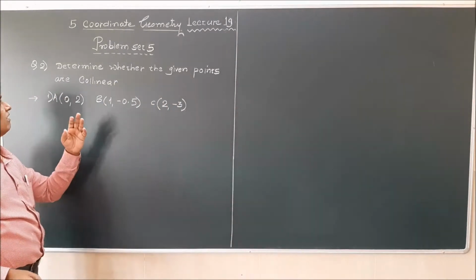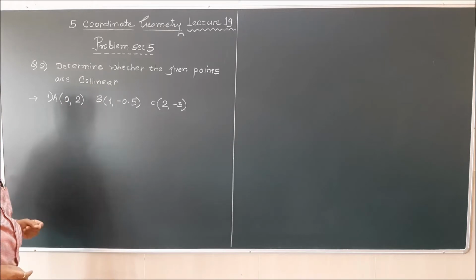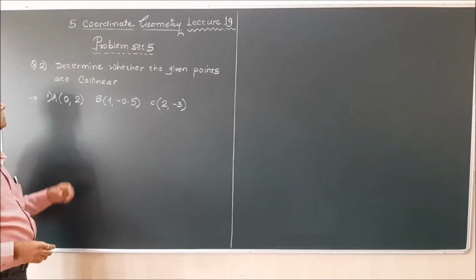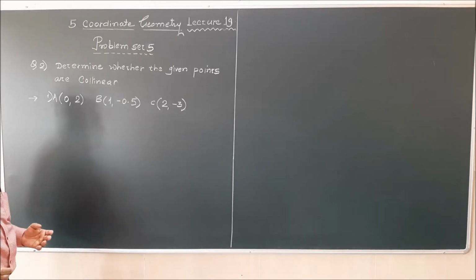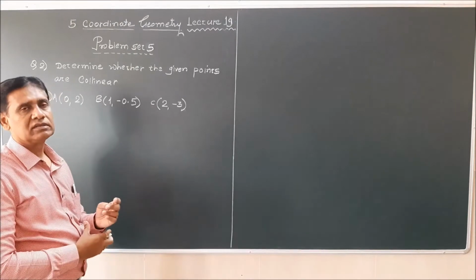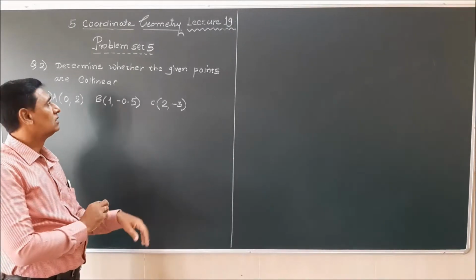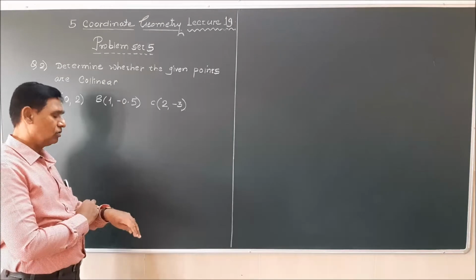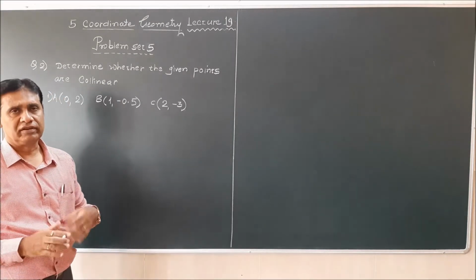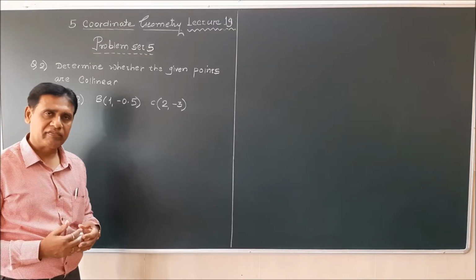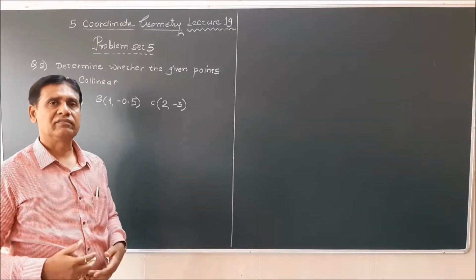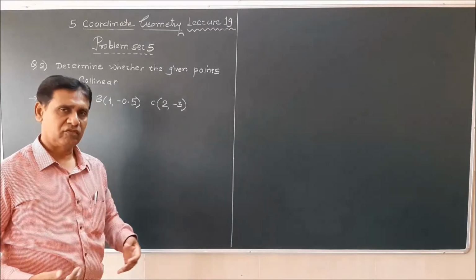So, problem set 5. Determine whether the given points are collinear or not. Question number 2. These 3 points are given with their coordinates. For finding out whether the points are collinear or not, it is not specified whether we have to verify this by using the distance formula or the slope formula.